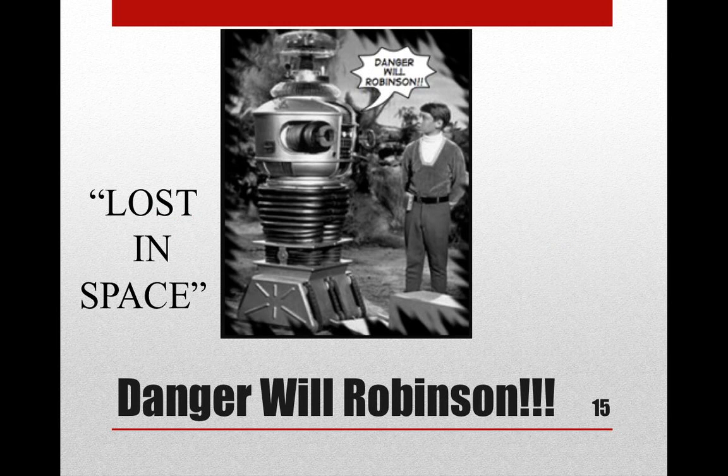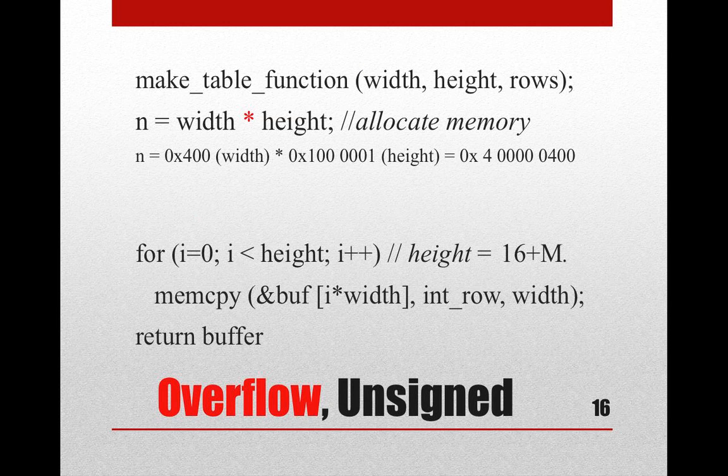Lost in space. Okay, so these are a couple situations that you want to avoid. In this one, it's making a table function, and it's trying to allocate memory by creating this table.